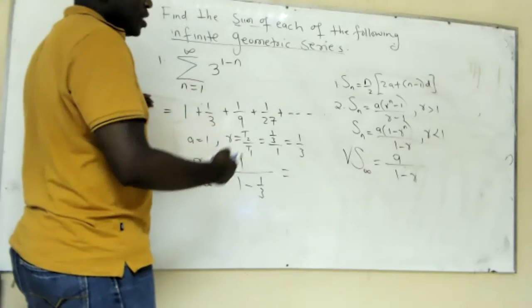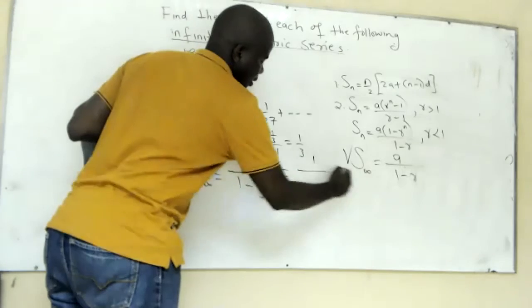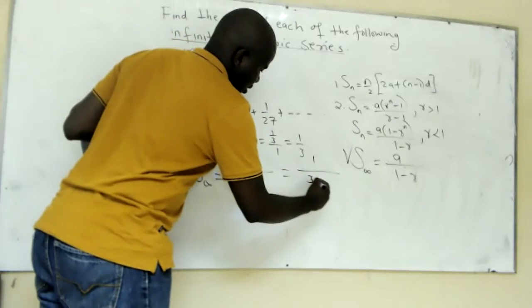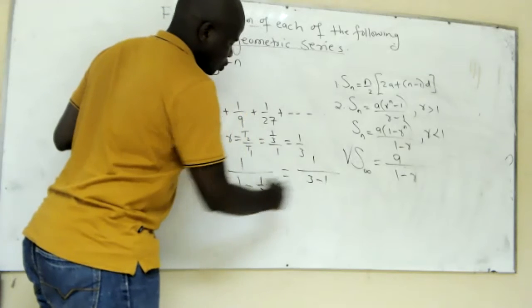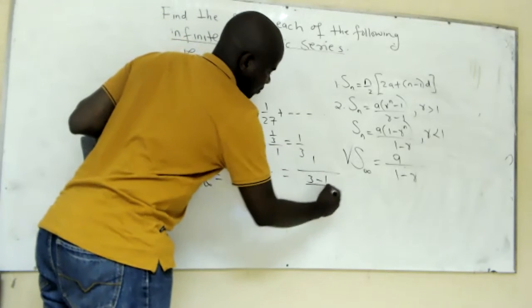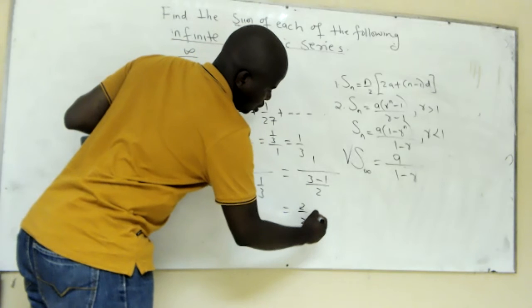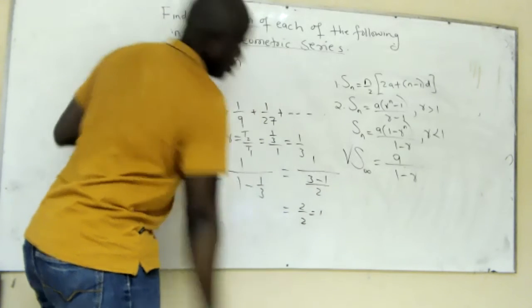Calculator is just for confirming that your mathematics is right. So now you just simplify using your mathematics skills. So it's going to be 3 minus 1 divided by 2, of which is going to be 2 over 2, which is equal to 1.